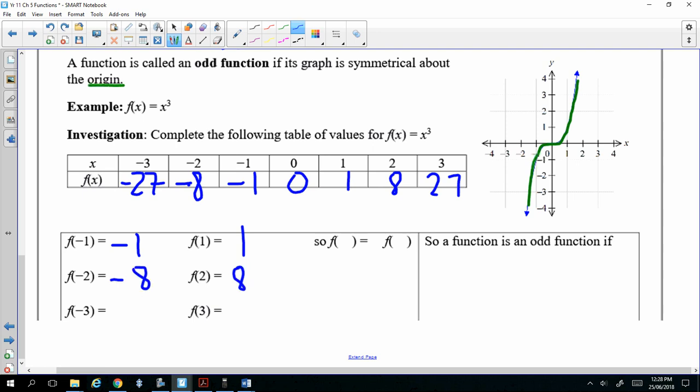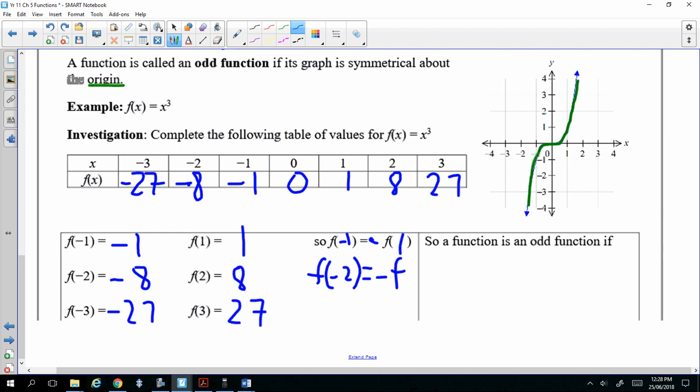So what can we conclude? If I substitute -1 in here, it's the same as the negative of f(1), because this is the negative of that. And if you do that again, f(-2) is the same as -f(2), and f(-3) is the same as -f(3). Yes?